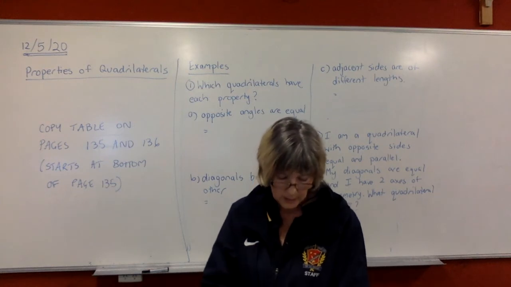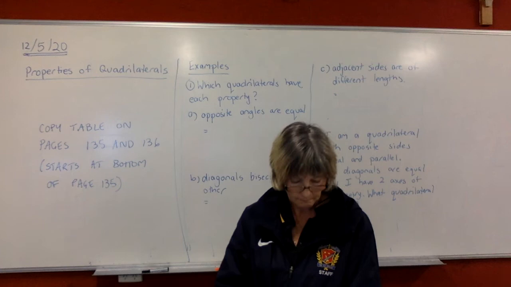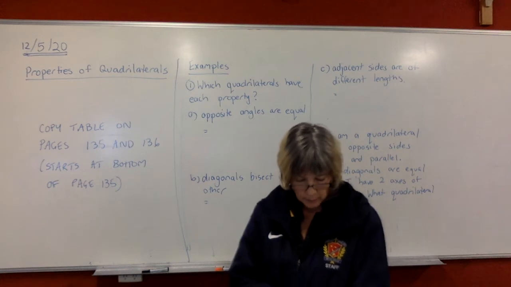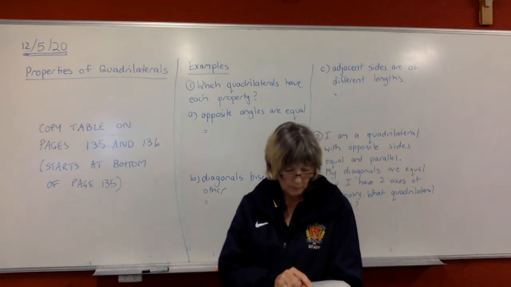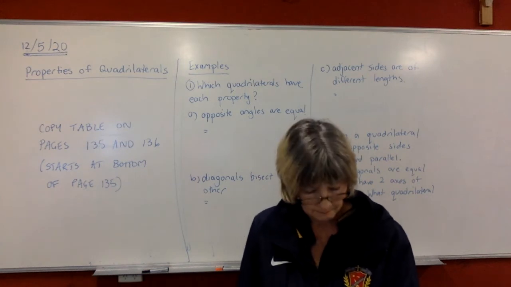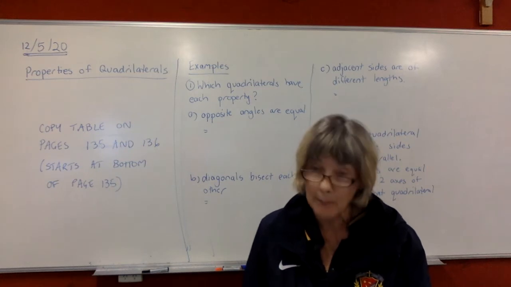The second dot point says something sides are something. And then the next one says something angles are something. Well, with the sides, we can say opposite sides are equal. We could also say opposite sides are parallel.